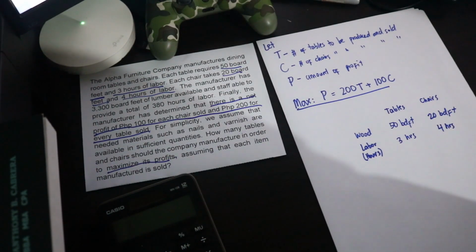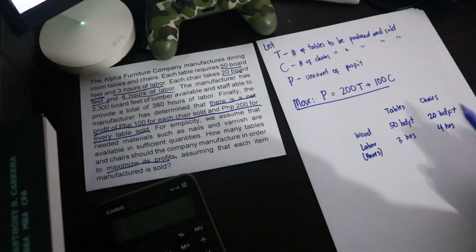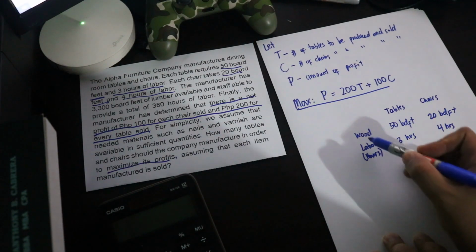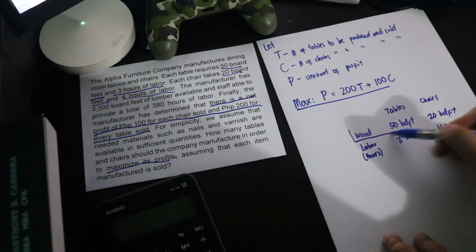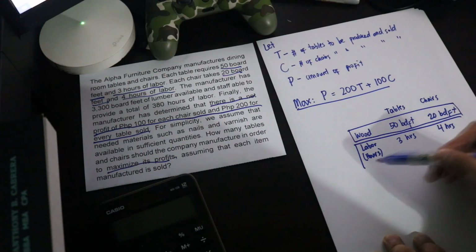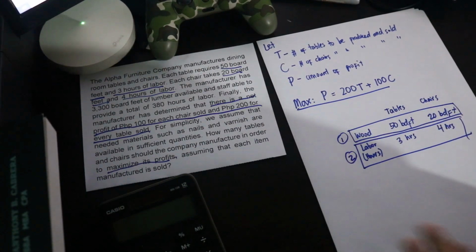We don't know. What we do know is that it takes 3 hours to produce 1 table and 4 hours to produce 1 chair. So this is constraint number 1 and this is constraint number 2.